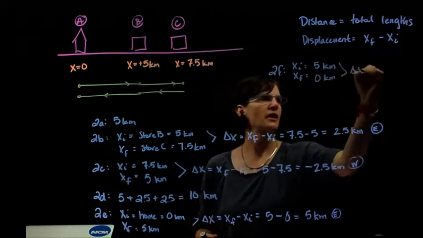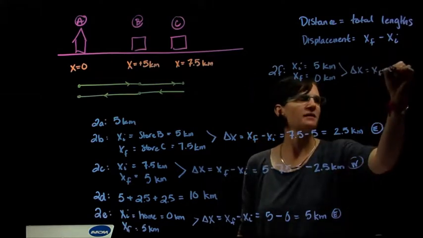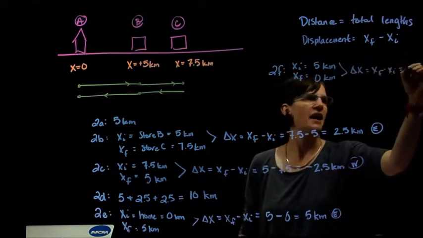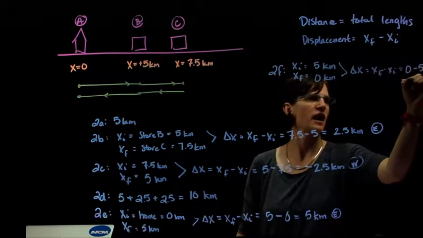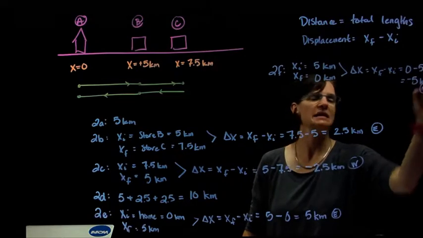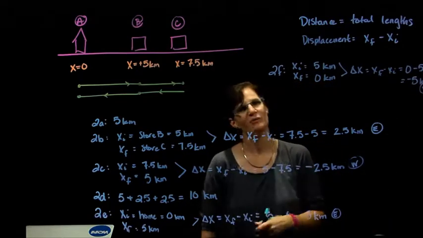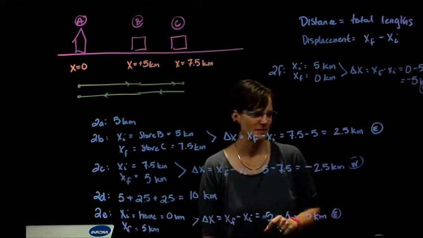So if we look at our displacement, our final position minus our initial position, we have our final position of 0 minus our initial position of 5, negative 5 kilometers, which tells us that she is west of where she started. She had a leftward or a westward displacement.